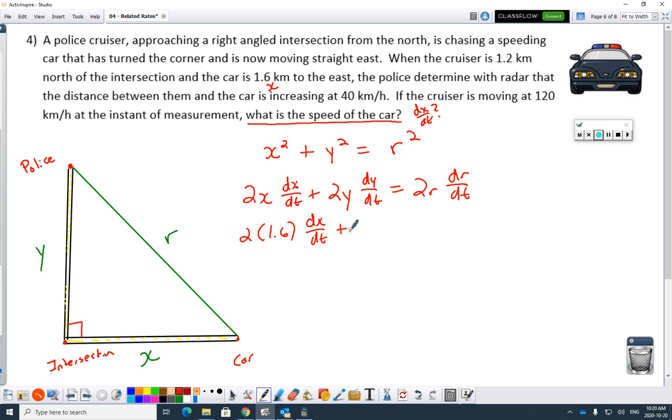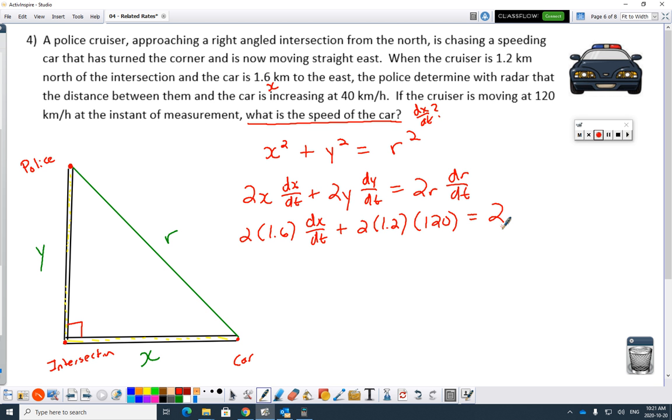The y. The y is how far the police car was north when the cruiser is 1.2 kilometers north. dy dt is how fast the police car was moving. dy dt is 120 kilometers an hour. Whoa, he is moving. r is the radius, the distance between the police and the car.